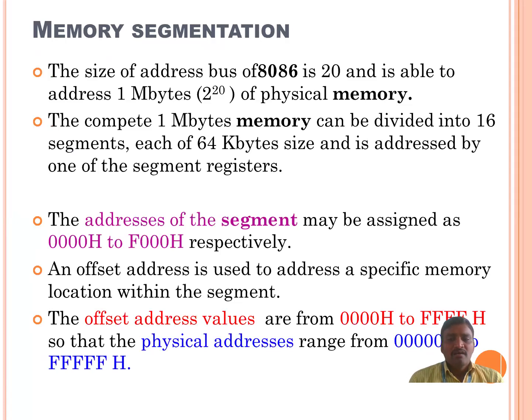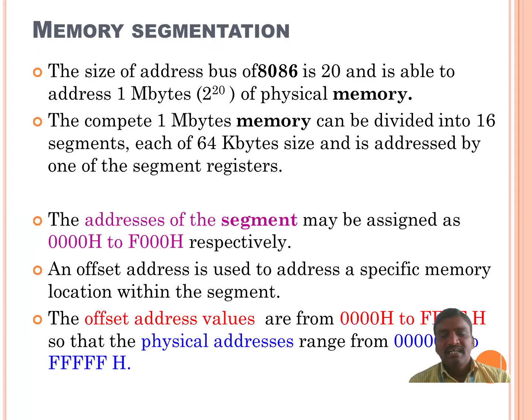Each segment memory size is 64 kilobytes. 16 into 64 kilobytes gives the 1 megabyte of memory. The memory will consist of two addresses: one is the segment address, another one is the offset address.